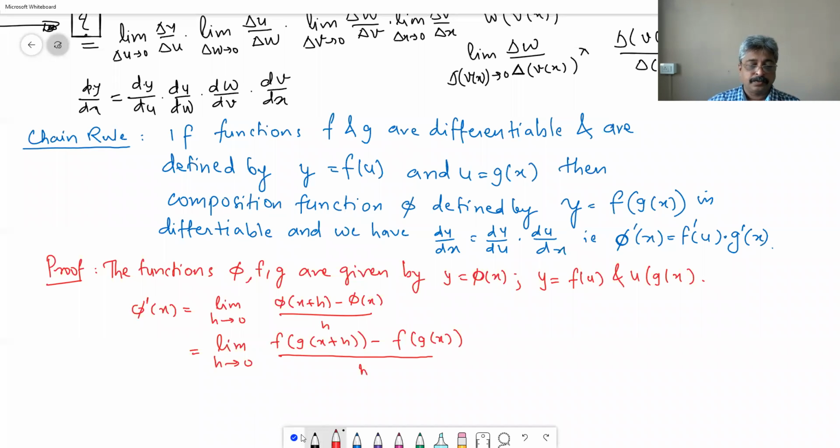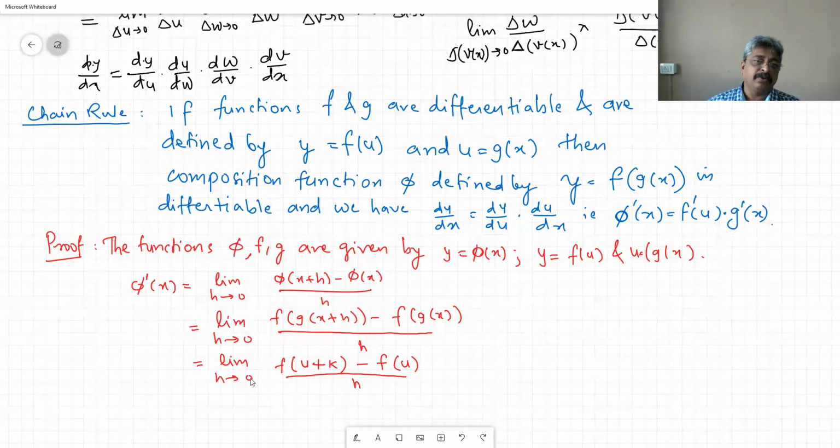Which is equal to limit h tends to 0 f of u g of x plus h, let us call it as f of u plus k, some increment, minus f of u, because g of x is u, upon h.